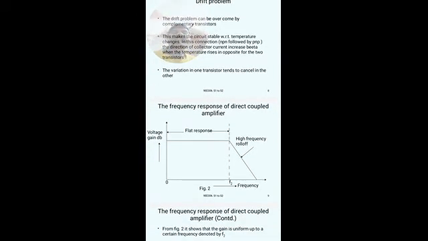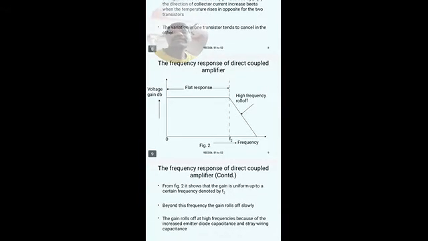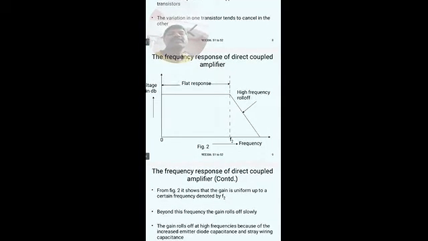Coming to the frequency response of the direct coupled amplifier. The frequency response is the curve showing the variation of the gain of the direct coupled amplifier with the signal frequency. This figure is showing the frequency response of the direct coupled amplifier.